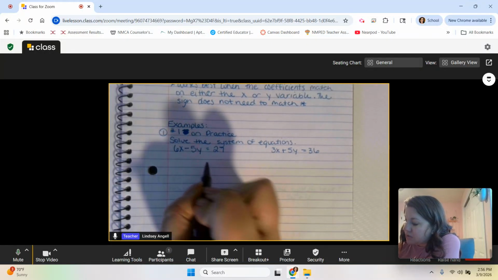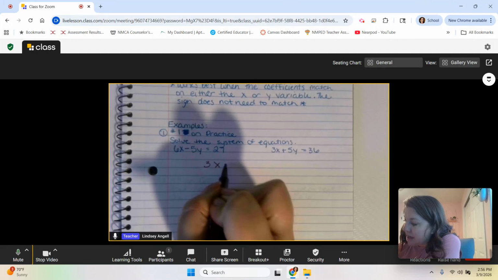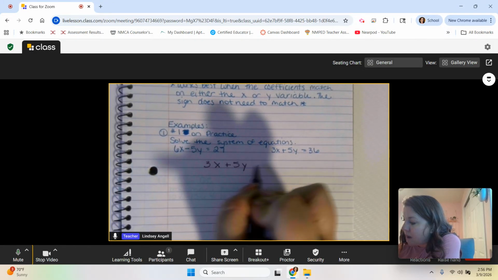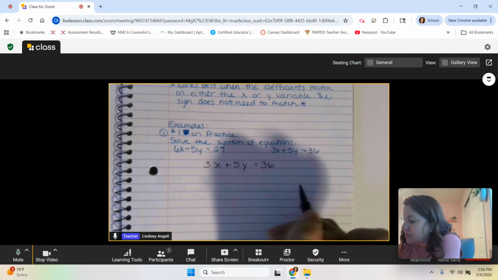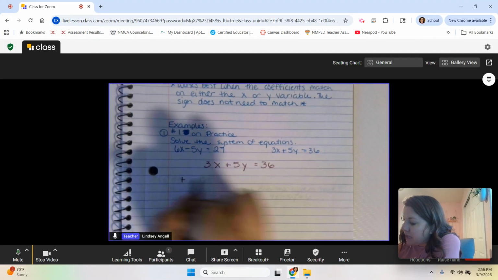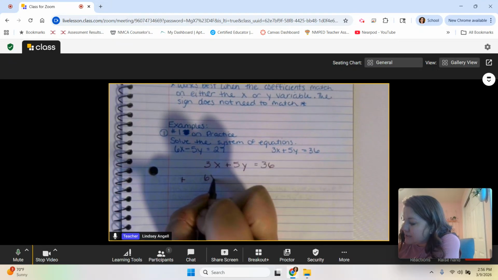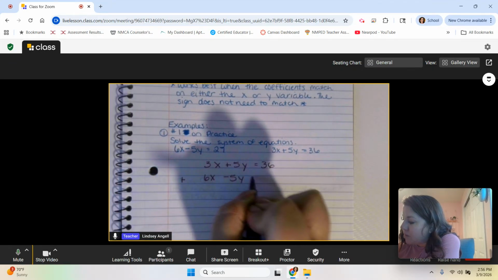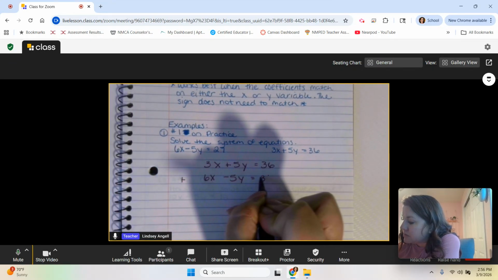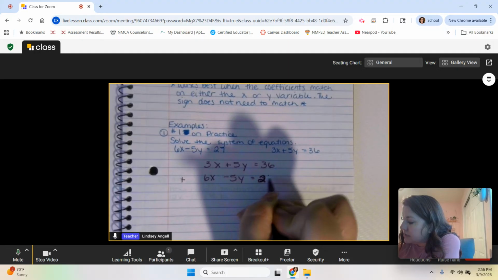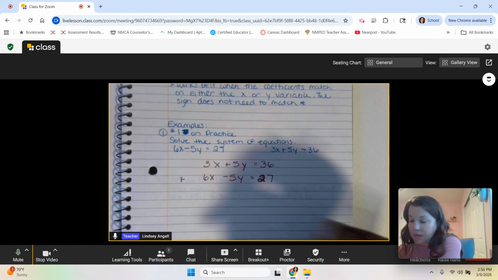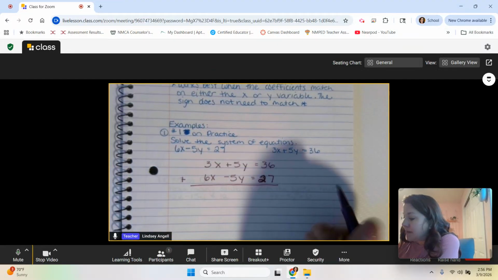So what I'm going to do is set this up as 3x plus 5y equals 36, plus 6x minus 5y equals, not 36, equals 27. So I'm going to add them together.